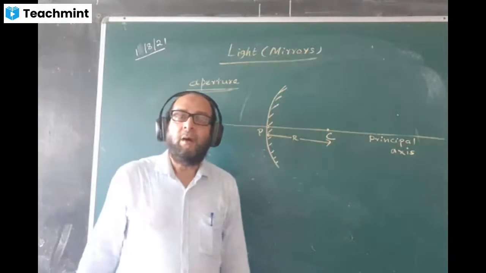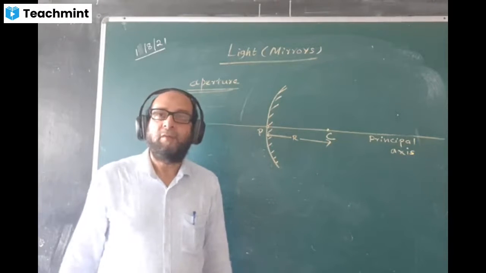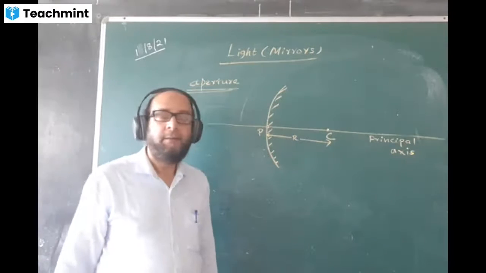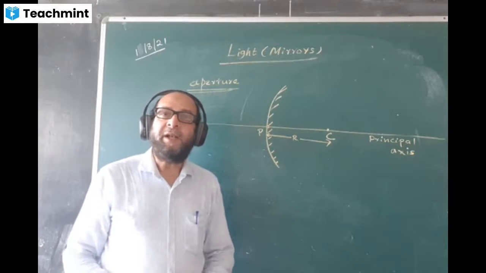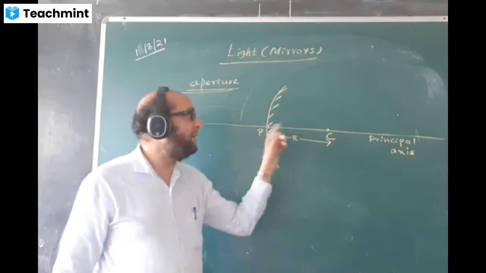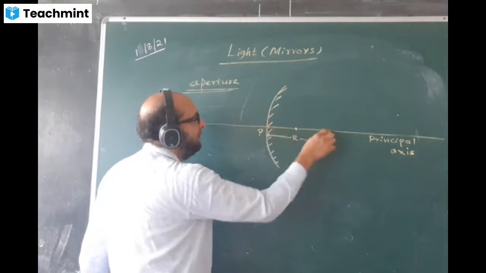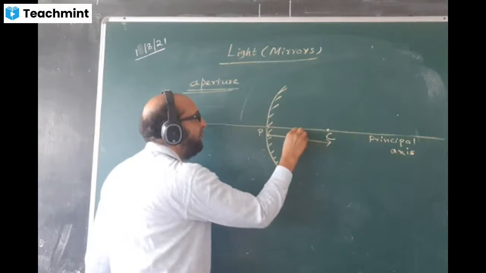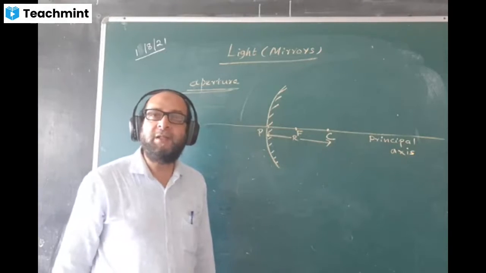Now we have one more important point, and that point is called focus. Focus of the mirror is the point midway between pole and center of curvature. There is a point exactly in the middle of the line PC, that point we denote by F, and we call it focus.